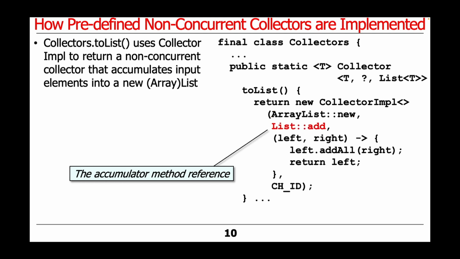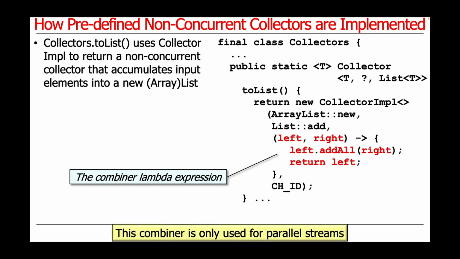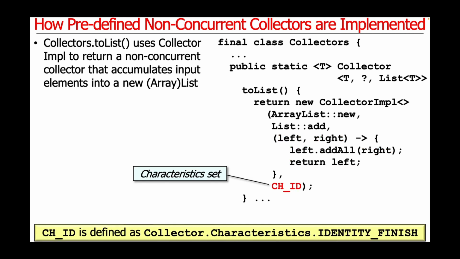The accumulator is List::add, which is what's used to accumulate things into the array list. And then we have a combiner that takes the left and the right, two lists, and it adds the right to the left to preserve encounter order and returns the left. Note that this is only used if parallel streams is involved. And then we have this characteristic set, which says CH_ID, which stands for identity finish. So since it's a list, we can do identity finish. There's no need to do anything fancy with a finisher. So that's what toList looks like.